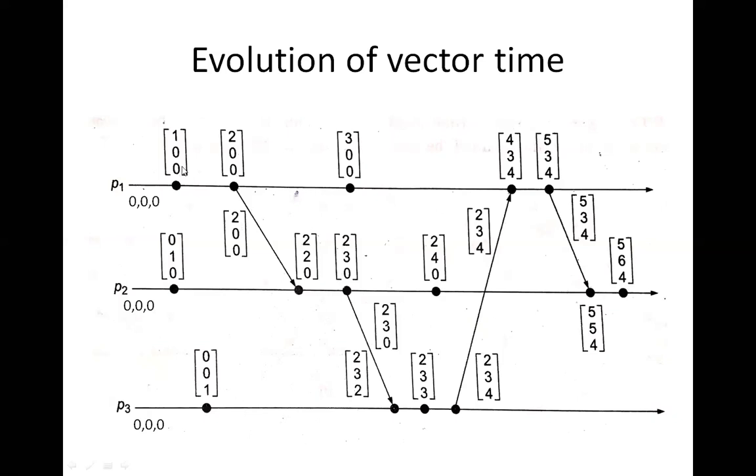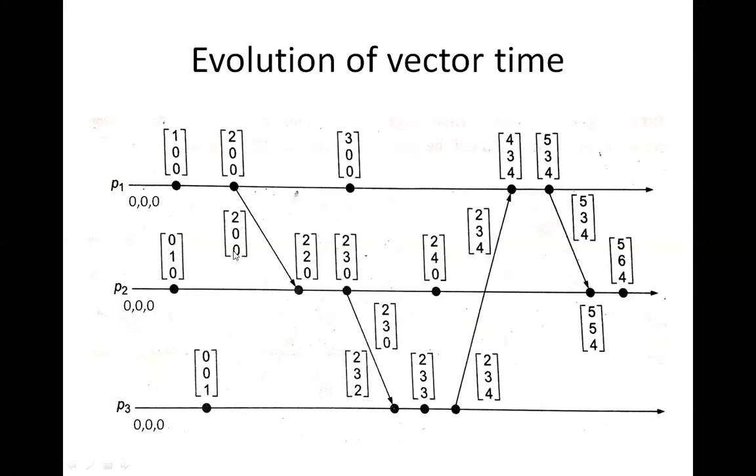It is also going to signify whether the events are causally related or not. Now, the first event of P1 is causally related with the second event of P2 because of the entries which have been made. The first event of P1 is also causally related with the second event of process P3, and so on. And this event is not causally related with this. This event is not causally related with this.